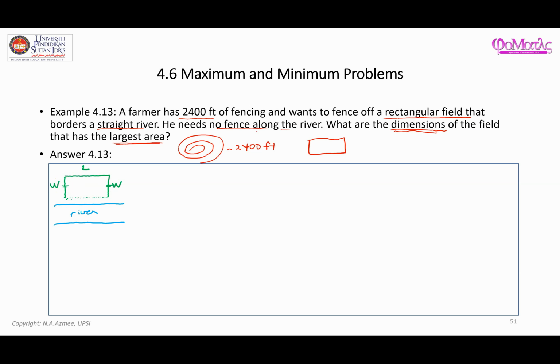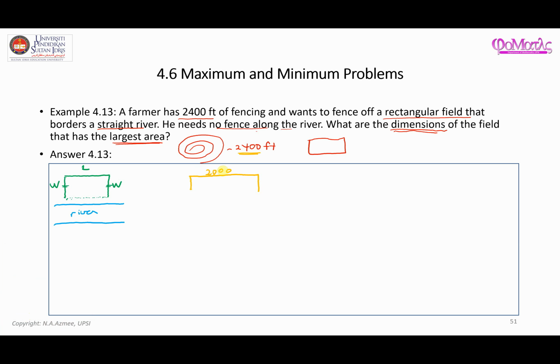Okay, so in order to perhaps understand what's going on, I'm just going to illustrate a few simple examples related to this rectangular field. So let's say you can imagine a possible value of the rectangular field. For example, if this dimension is 2000, you're going to use up all the 2400 feet of fencing.